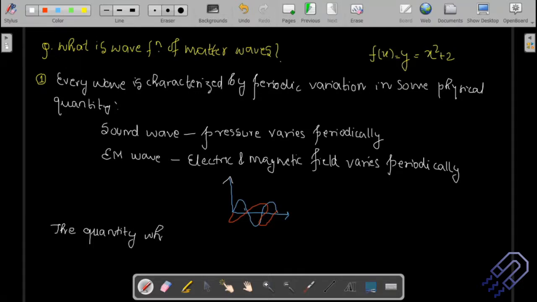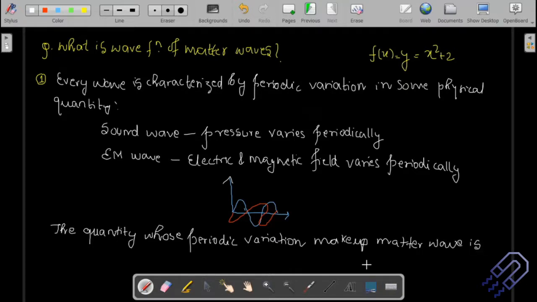So in matter waves, the quantity whose periodic variation makes up matter waves is called wave function.